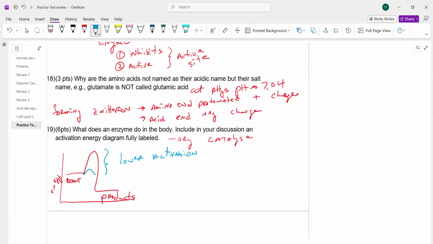Activation energy is the energy required to get the reaction going, to break the bonds of the substrate or reactants. This then speeds up the reaction.